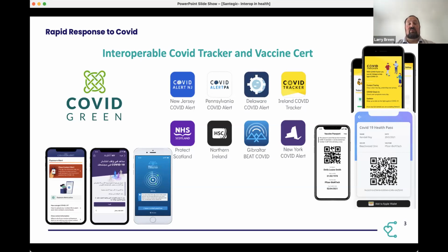So what we needed to do, and we were very driven in terms of that whole conversation, was to see how we could build a system for the HSE and a system for Northern Ireland, but then create that interoperability for it.